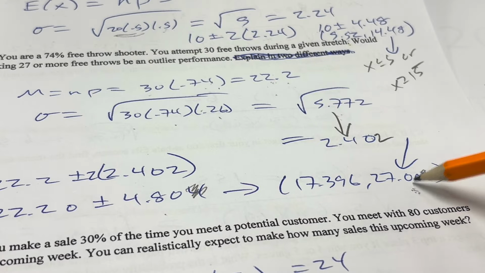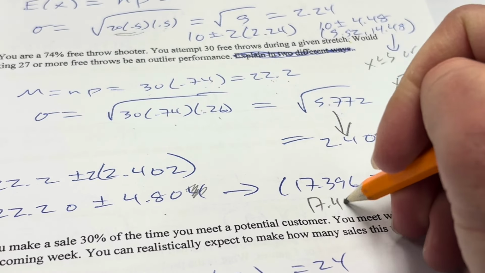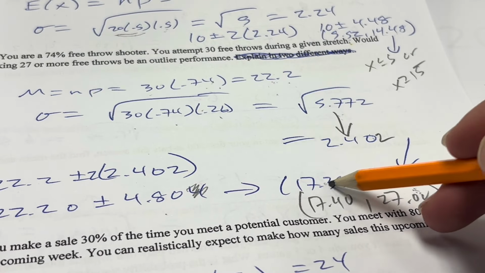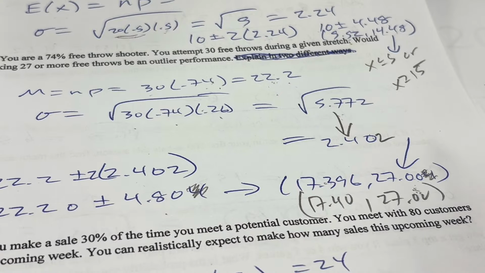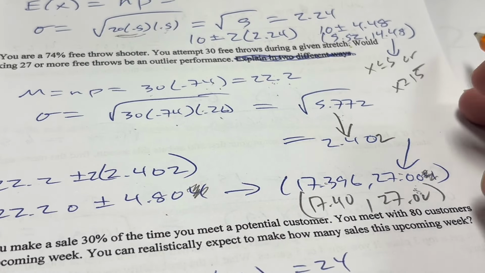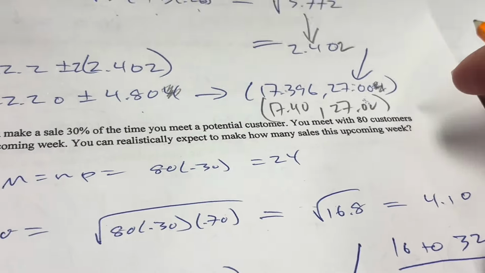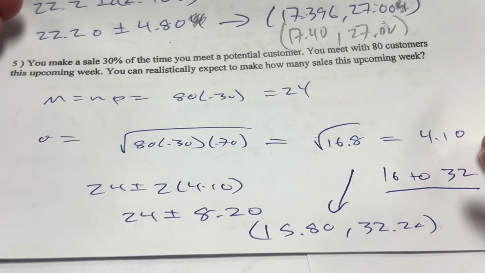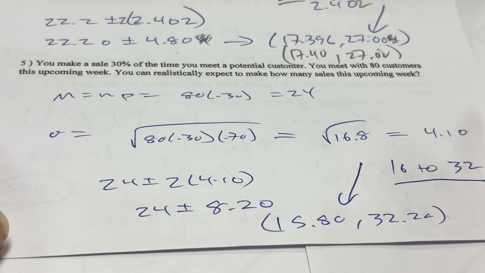Some of you might have that interval, since I said just round to 2 decimals, and you could have this be even more exact. Anyway, 27 makes it barely, so it's not an outlier. It's barely in the 95% of what we would expect.